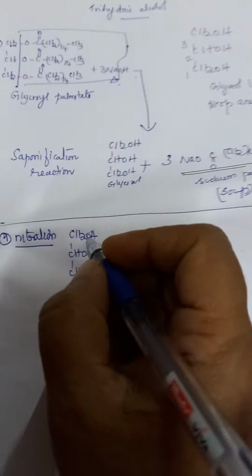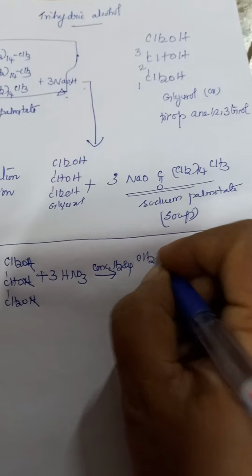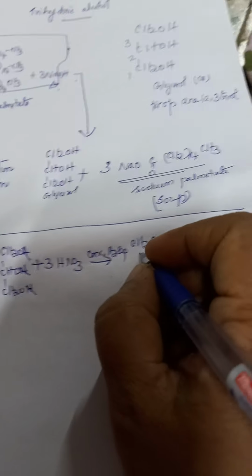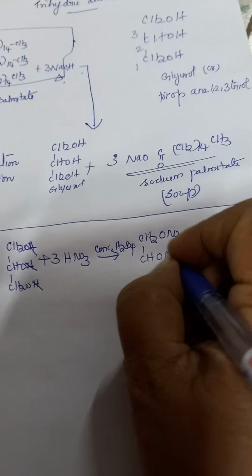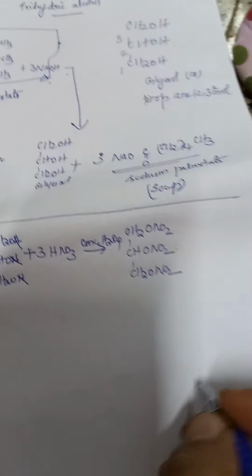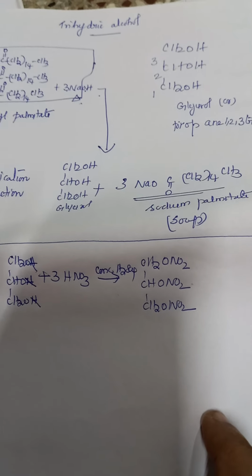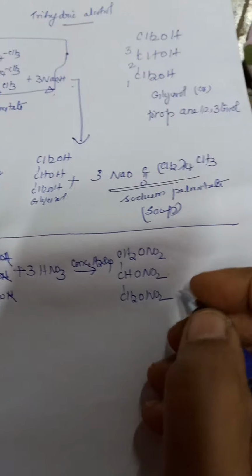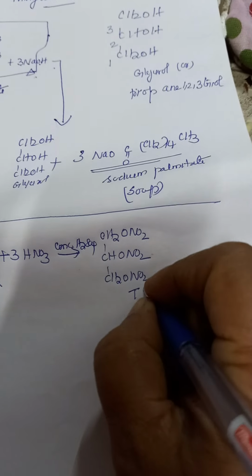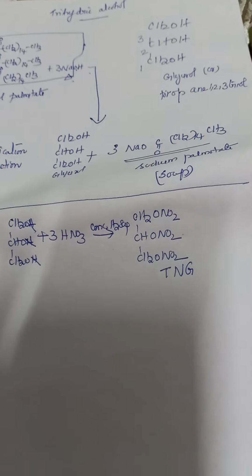Instead of these 3 hydrogens, an NO2 group is substituted. So CH2ONO2, CHONO2, CH2ONO2. The compound is called trinitroglycerine, TNG, trinitrate, one of the explosives.